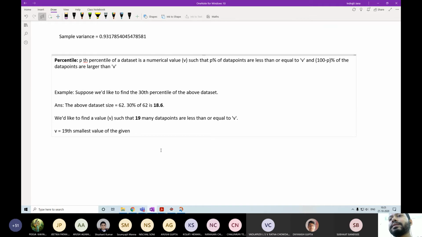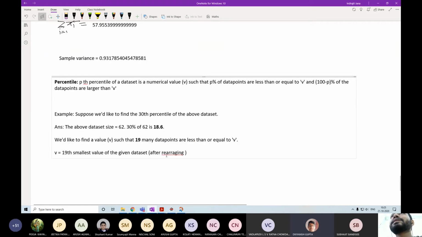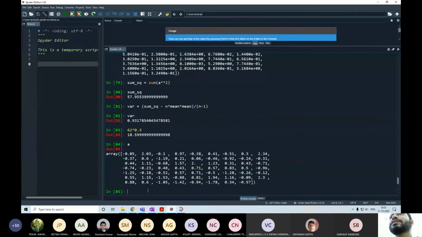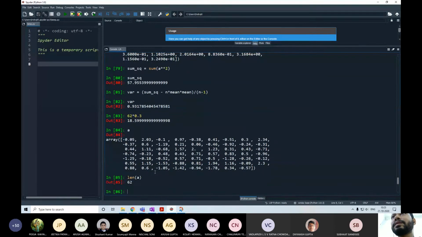Sir, so could you please explain that about data size equal to 62? 30% of 62 is 18.6. Data size is 62, right? This A that we had is the data set we have, and the length of A was 62.